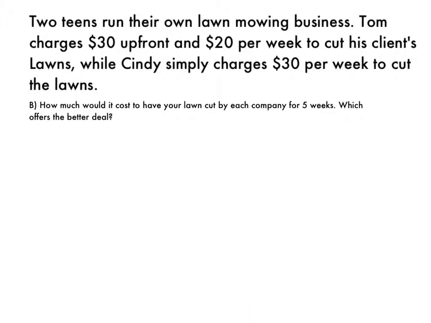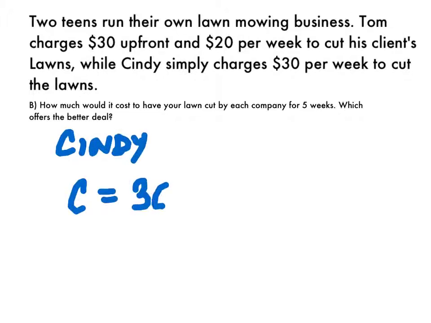And we can see Cindy's equation, C equals 30W. We're also going to take 5 for weeks and sub it in for W, and we'll end up with the following: C equals 30 times 5.